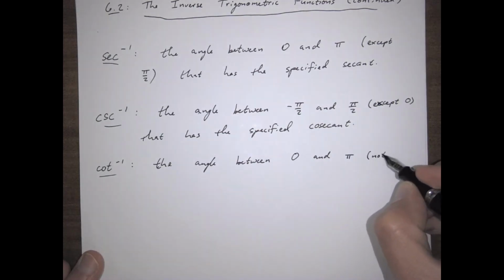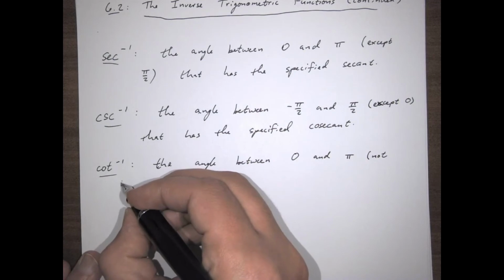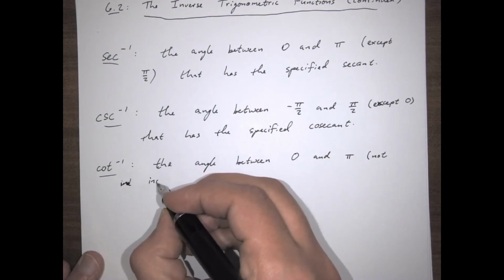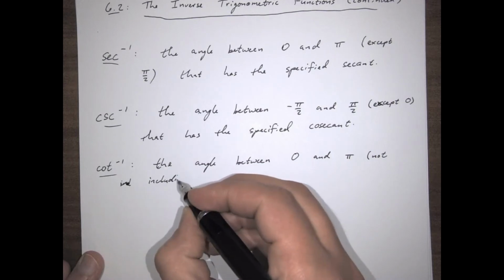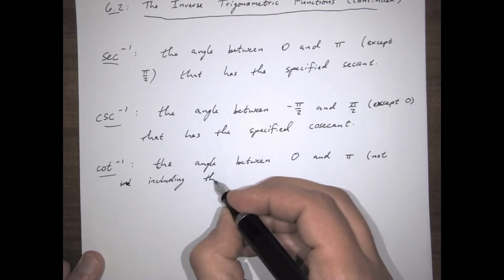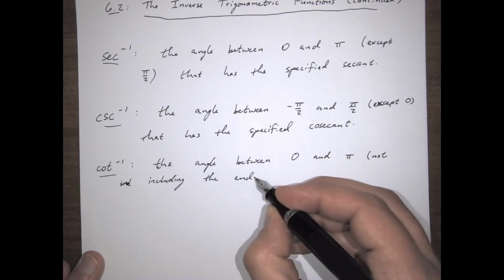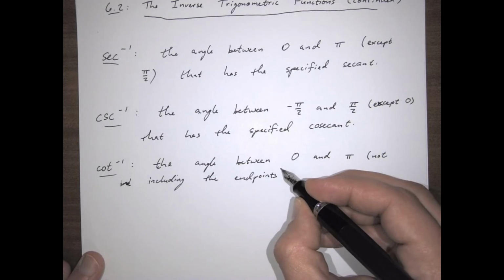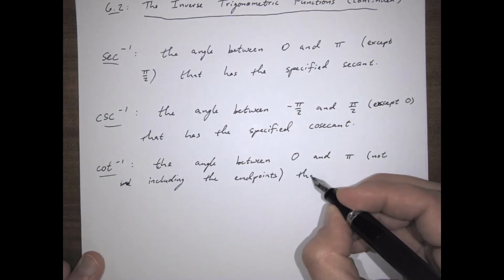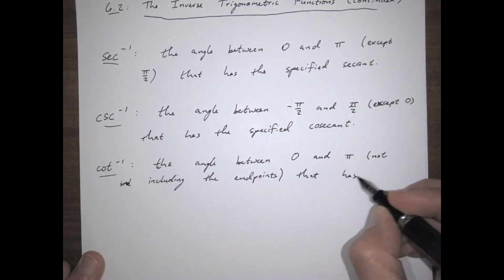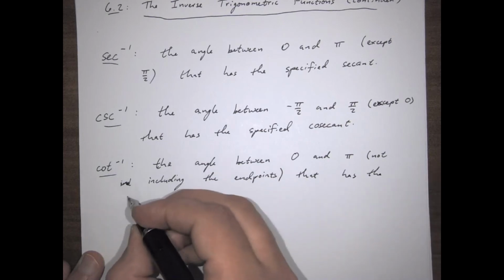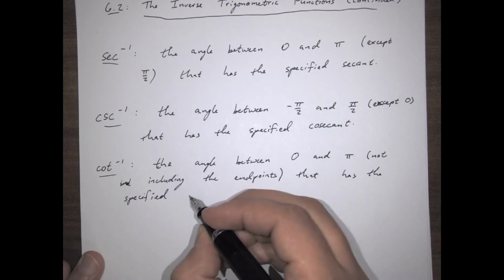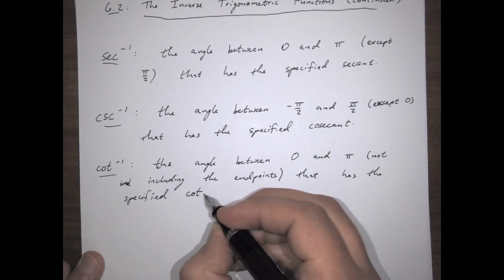Not including the endpoints. That has the specified cotangent.